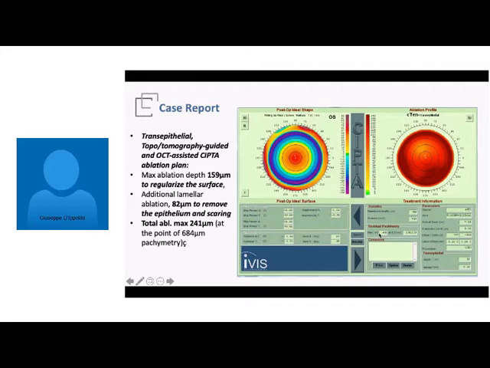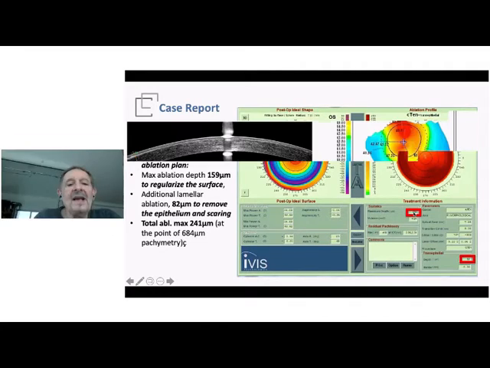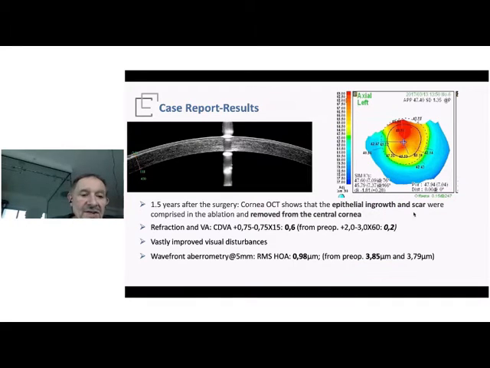Here is 416 residual, but that was with an epithelium of 54. So again, 159, and this is what we've got.